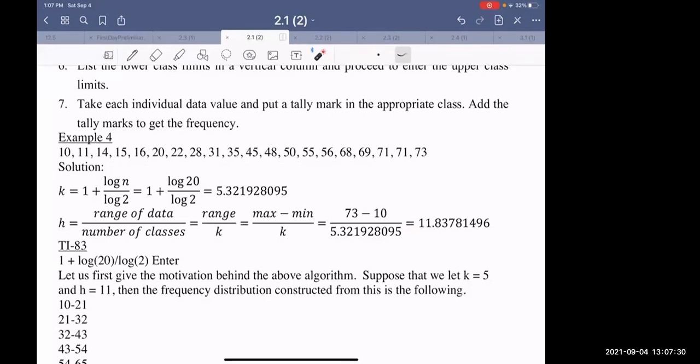So our algorithm says, the first thing that I'll do is try 5 classes of size 11. See if that works. If that doesn't work, do 5 classes of size 12. If that doesn't work, well, 5 classes doesn't work, so do 6 classes of size 11, then 6 classes of size 12.